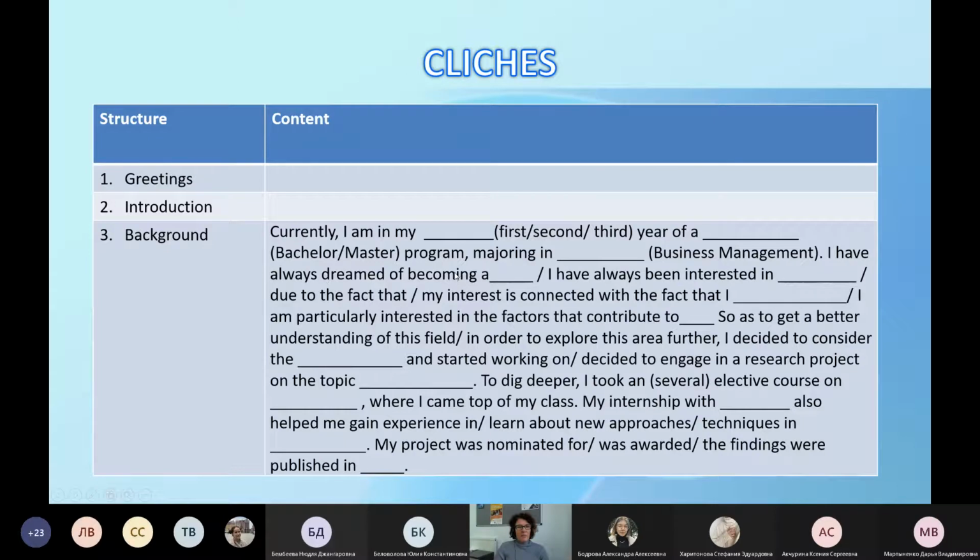I have always dreamed of becoming, or I have always been interested in, and you say what it is, maybe marketing or leadership, so say what the area of interest is. Due to the fact that my interest is connected with the fact that I am particularly interested in the factors that contribute to.